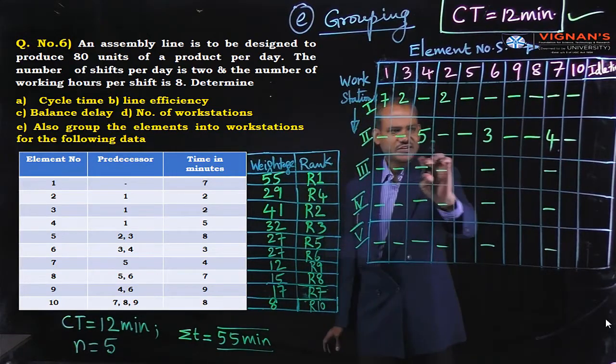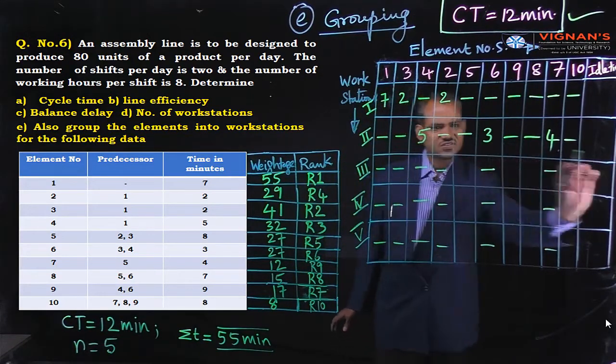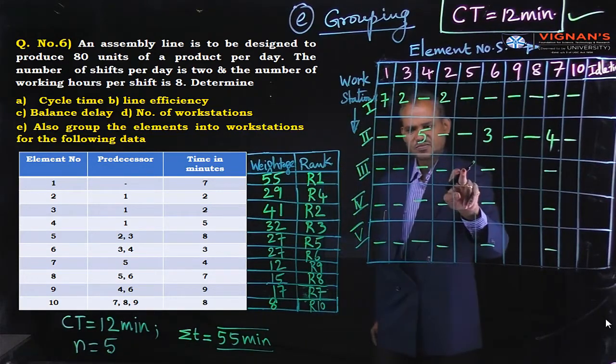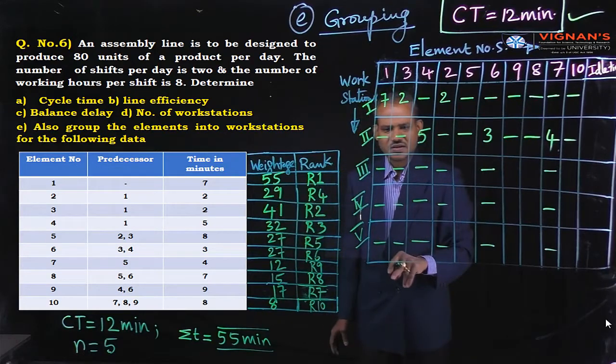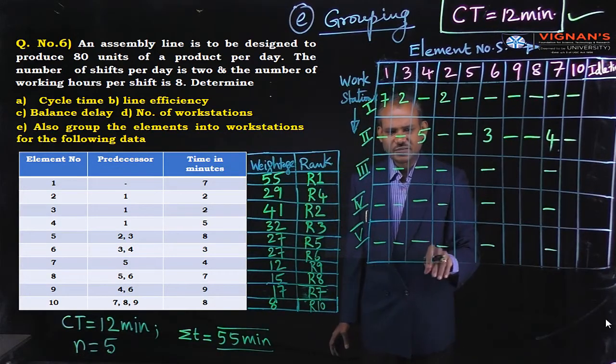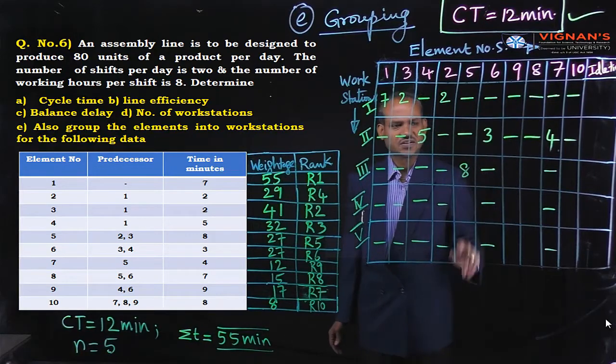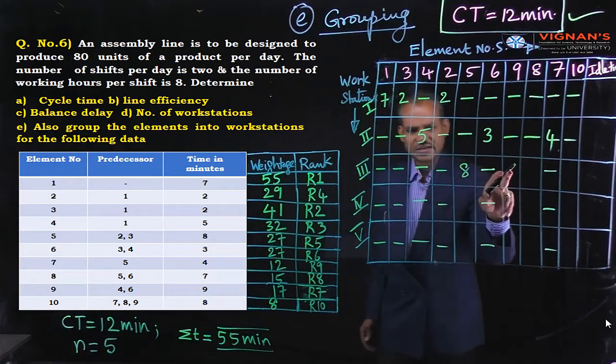Okay. Now come to the workstation number 3. You can start with the element number 5. Observe what is the timing for element number 5. It's 8, which is less than 12 minutes, therefore assign. Next, move to the element number 9.